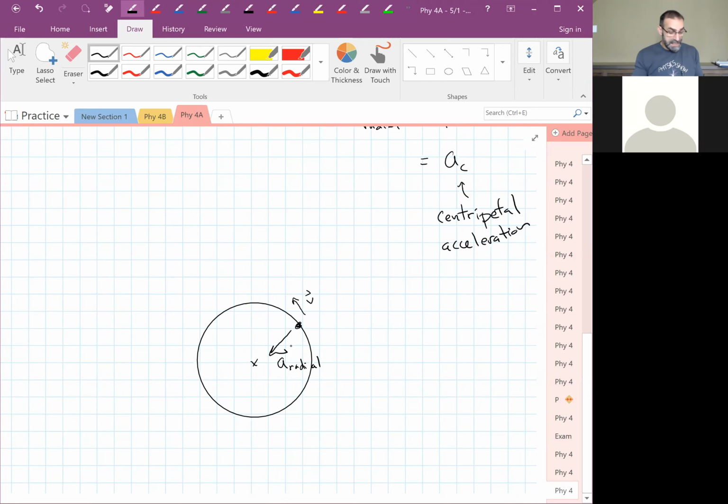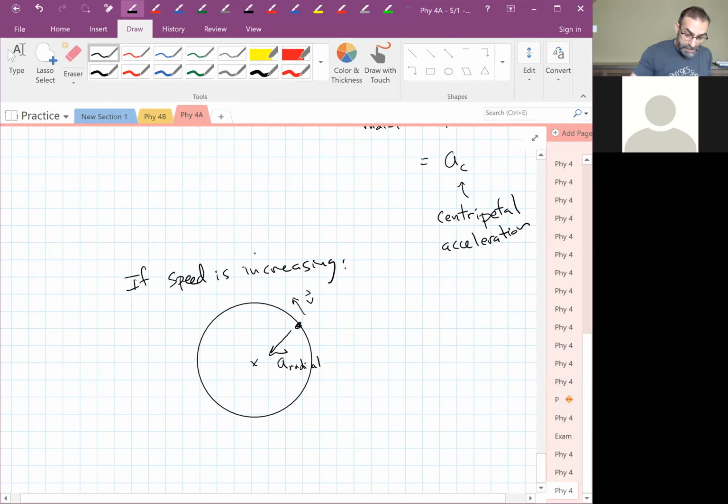Well, if the speed is increasing, then there would also have to be a force in this direction, right? Causing the speed to increase, or an acceleration in that direction. The tangential acceleration.